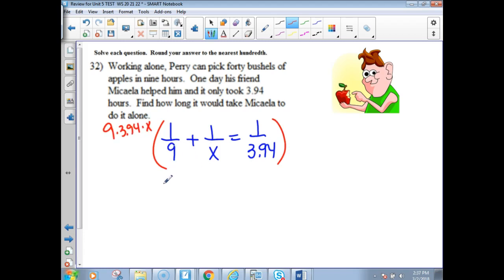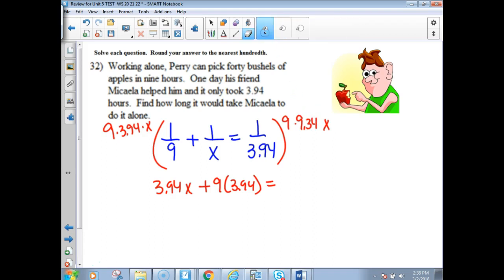The first one would cancel out the 9, you'd have 3.94x, plus the x would cancel out on the second one, giving you 9 times 3.94. And on the other side, if you multiplied by 9 times 3.94, oops, I transposed the numbers. There we go. Fix that. Sorry, it's Friday, you know. That 3.94 cancels, and you get 9x.